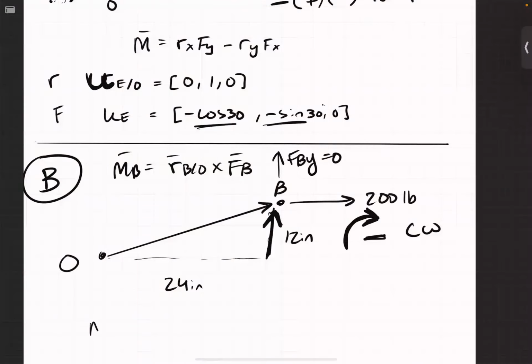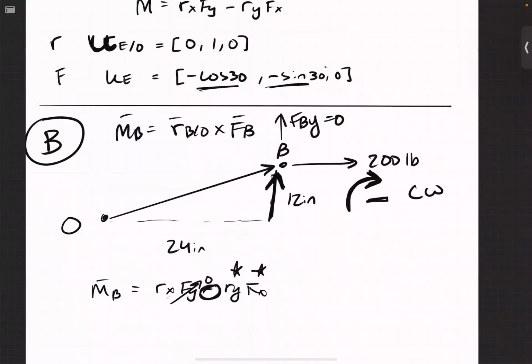We could also consider that the moment of B is Rx Fy minus Ry Fx and figure out that the Fby is equal to 0, so this is equal to 0. Just because we have an Rx doesn't mean we use it. All we need is Ry and Fx.